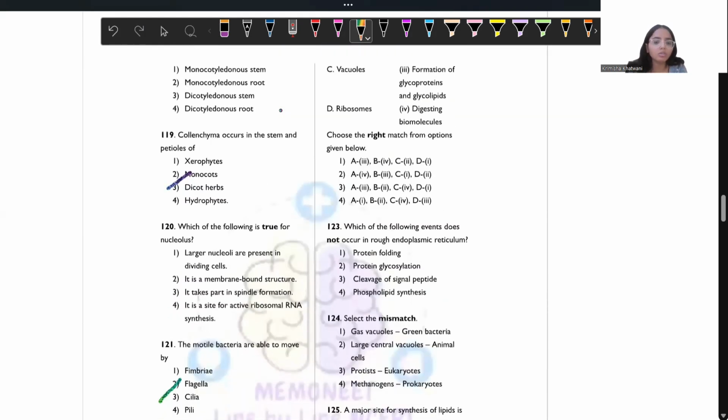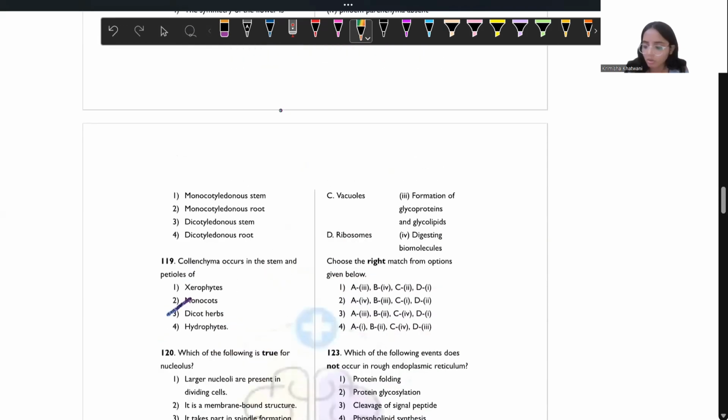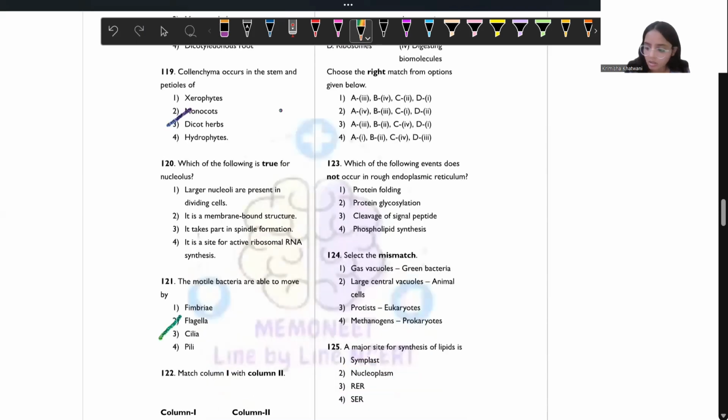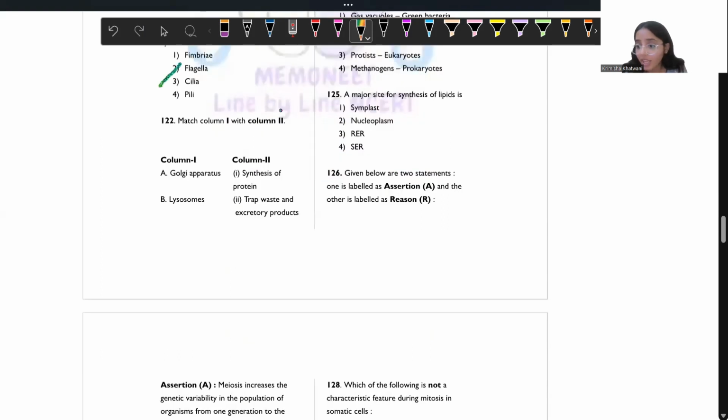Okay, so lysosomes digest biomolecules. So B is 4. A3, B4, vacuoles trap waste and excretory products.